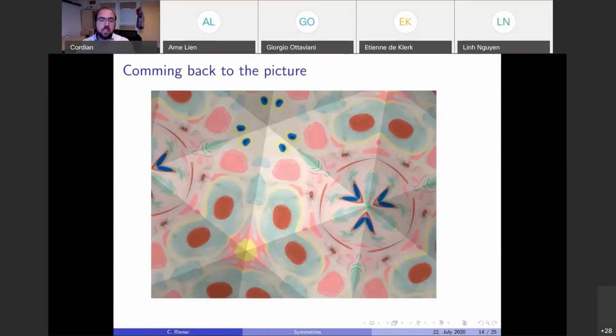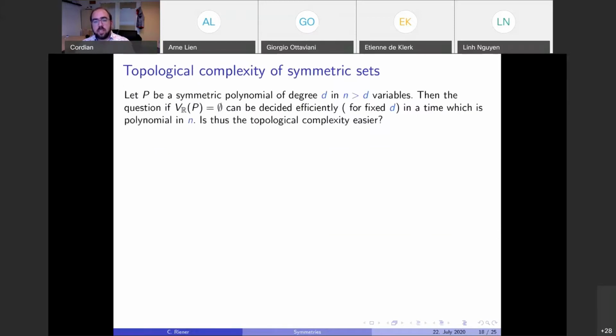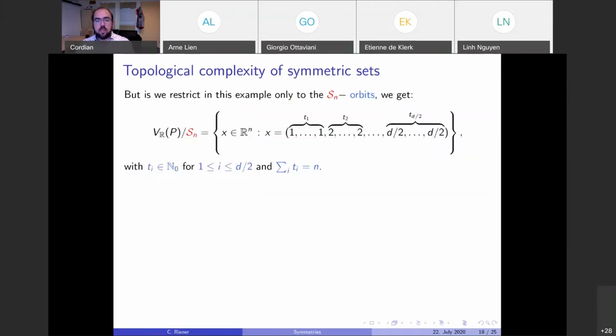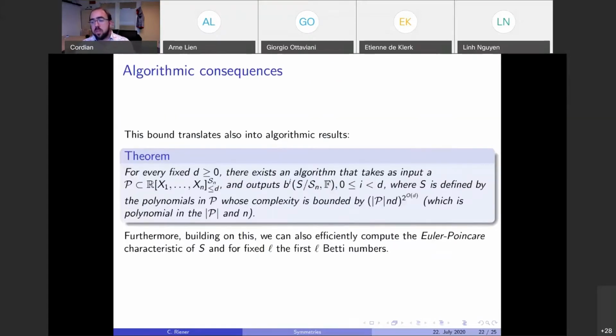You still need to know how the symmetry acts on this smaller picture. But also this can be done in some cases. So in particular, this is again maybe interesting only for some: one can calculate the Euler-Poincaré characteristic of S and also the first few Betti numbers in a reasonably efficient way.